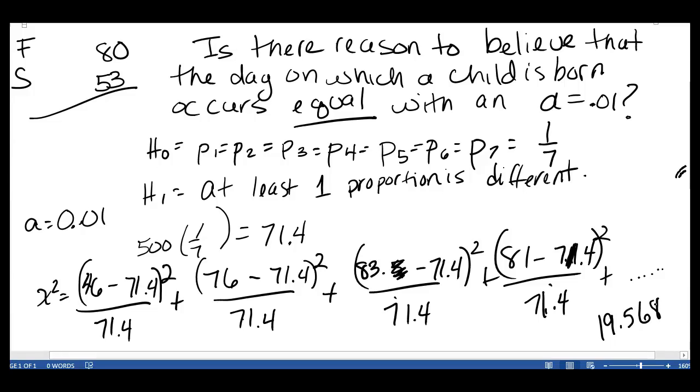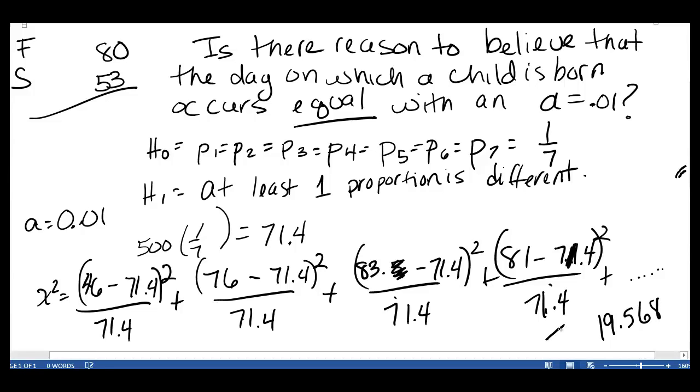Okay, now we're going to take the classical approach and we're going to go into our chi-squared table, and we have to talk about our degrees of freedom. Our degrees of freedom would be 7 minus 1, because there's 7 days in the week, and you always subtract 1, so we have 6 degrees of freedom.